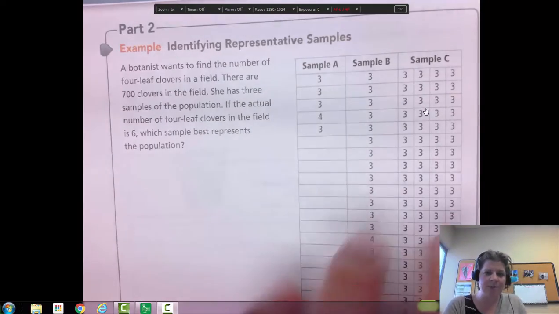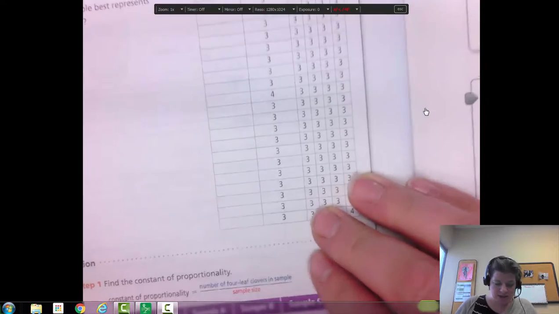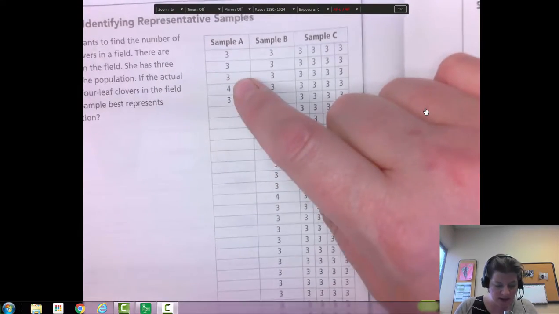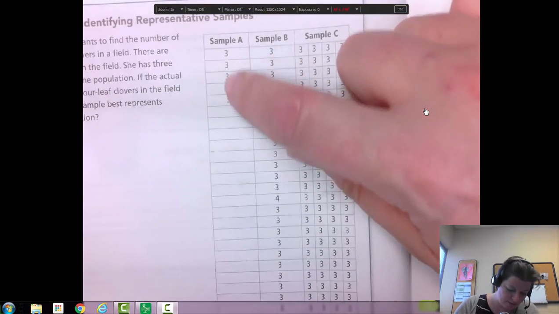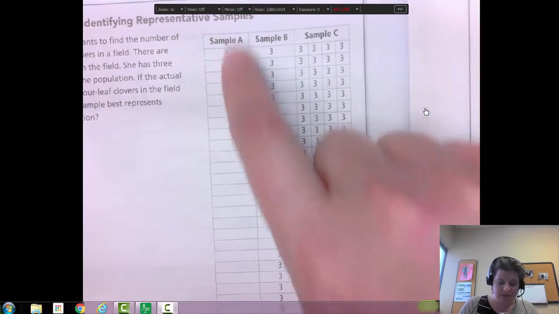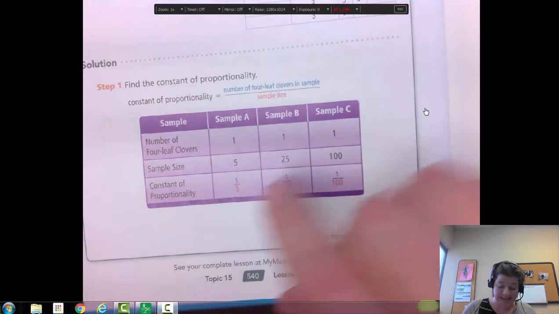So we're deciding which of these 3 samples best represents the population. So this first sample, A, has 1 four-leaf clover, and it has 1, 2, 3, 4, 5 total. So this is 1 to 5, right? And it only has a sample of 5. That's pretty small.